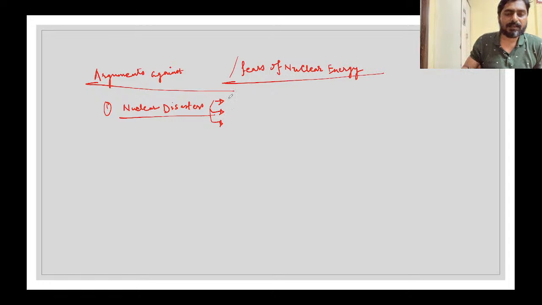Nuclear disasters like the very recent one, Fukushima, then you would have heard about Chernobyl, and then Three Mile Island of USA. Because of this, there has been a global negative perception towards nuclear energy.